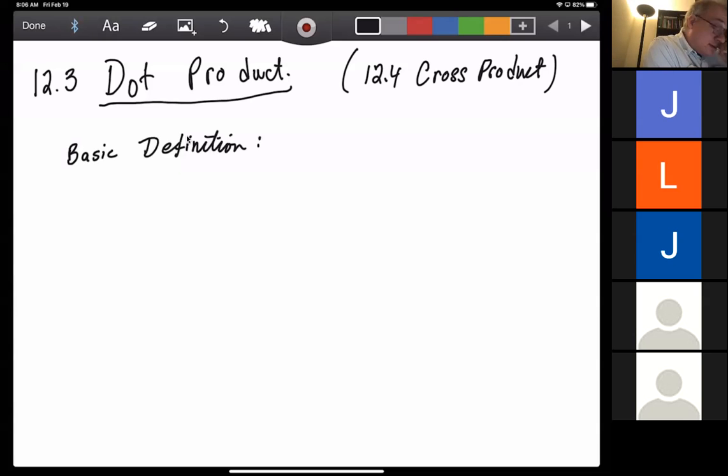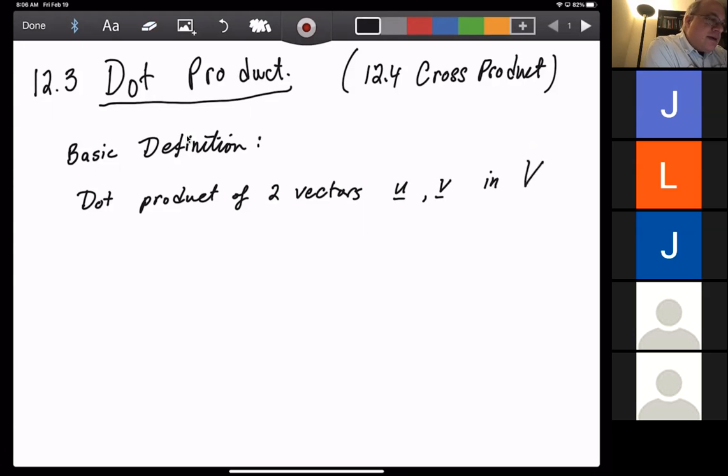We take the dot product of two vectors. Let's call the vectors u and v, and let's say that our vectors are in the vector space V2, so we're talking about vectors with two components.